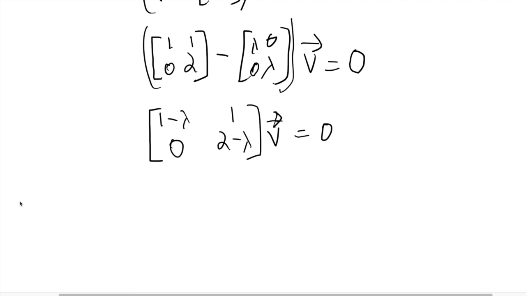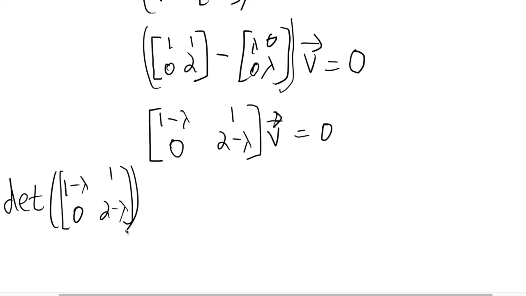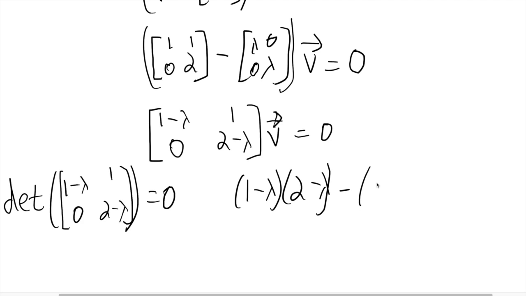So if we take the determinant of 1 minus lambda, 1, 0, 2 minus lambda, and set it equal to 0, we will get the equation (1 minus lambda) multiplied by (2 minus lambda) minus 1 times 0 is equal to 0.